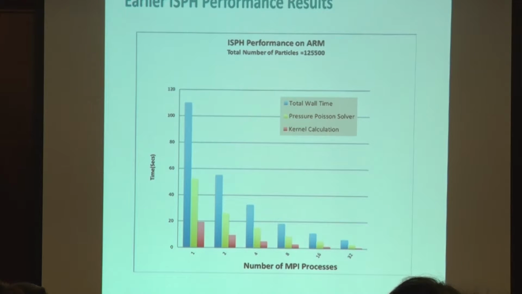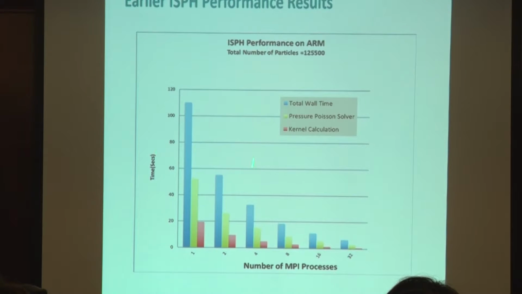We use PETSc for that, so the pressure Poisson solver is solved by PETSc. Installing PETSc is normally quite a headache on every system, but we successfully ported everything to ARM without too much issue, taking about the same time as before. So that's one good story for ARM.